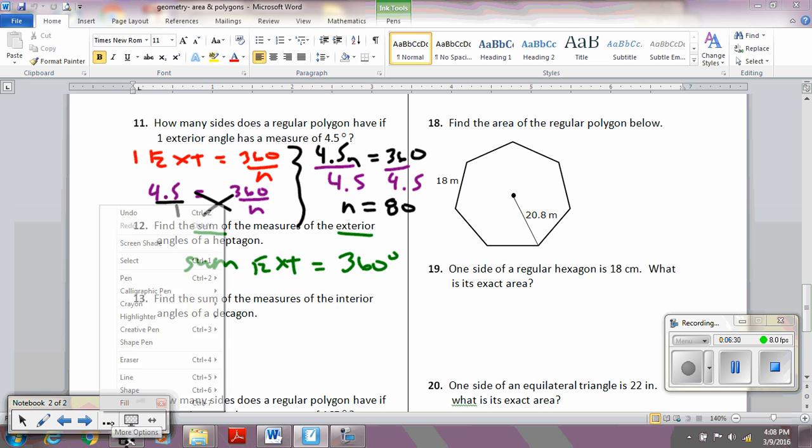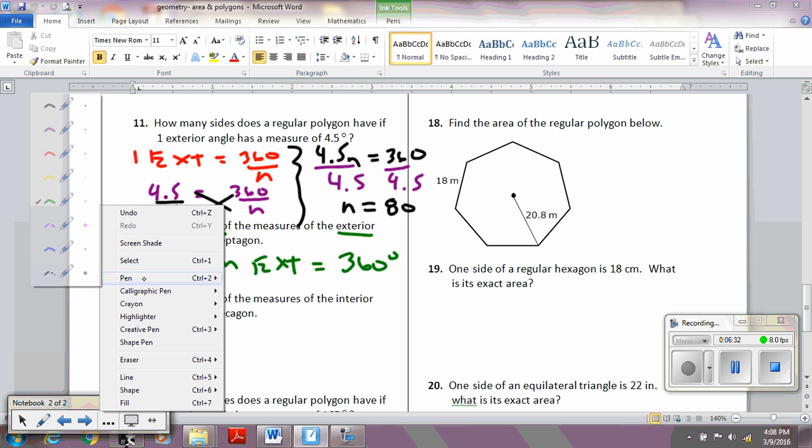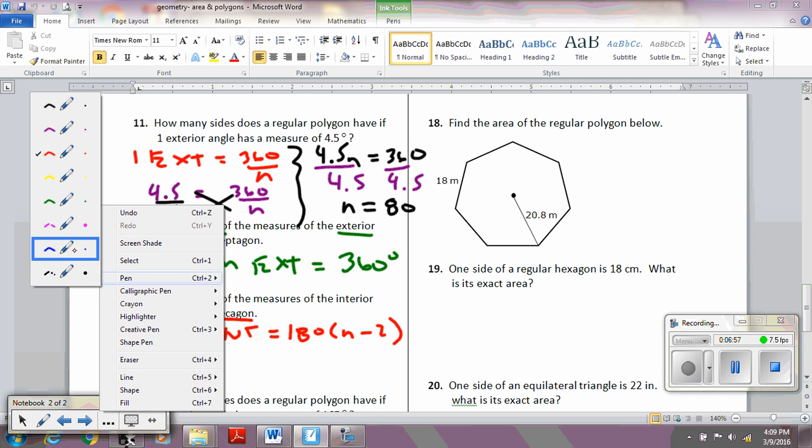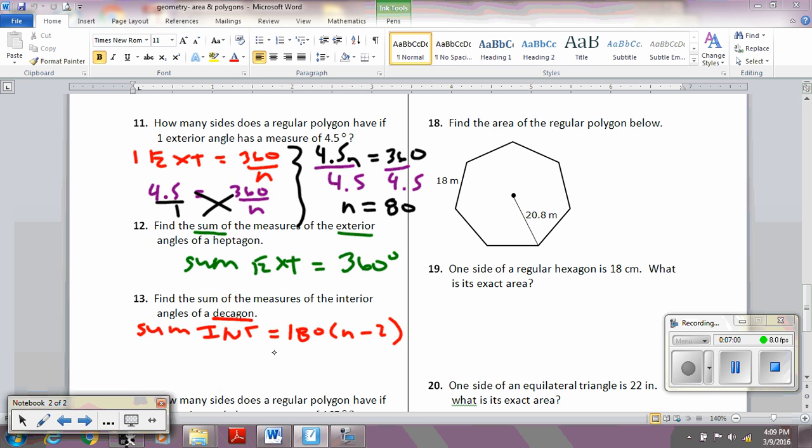Number 13 wants us to find the sum of the measures of the interior angles of a decagon. A decagon is a 10-sided figure. So the formula for the sum of the interior is 180 times n minus 2. With that being said, since it's a decagon, again, it has 10 sides. So we're going to replace n with 10.